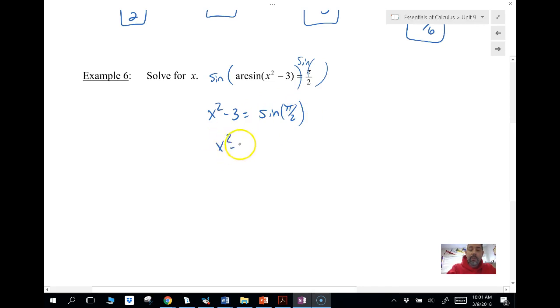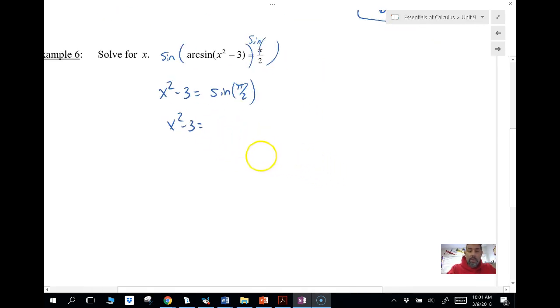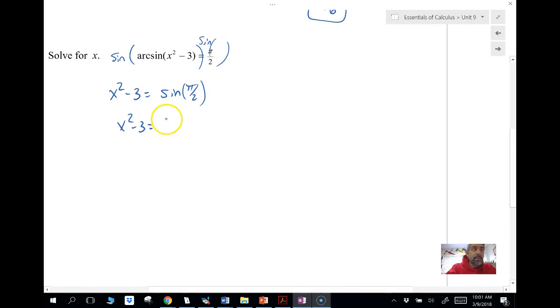I know the sine of pi over 2 is 1. Add 3 over, and take the plus or minus square root of both sides. Bada bing, bada boom, done.